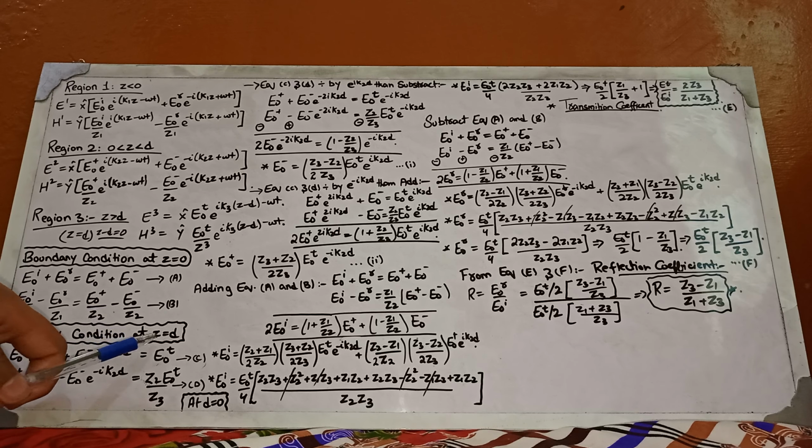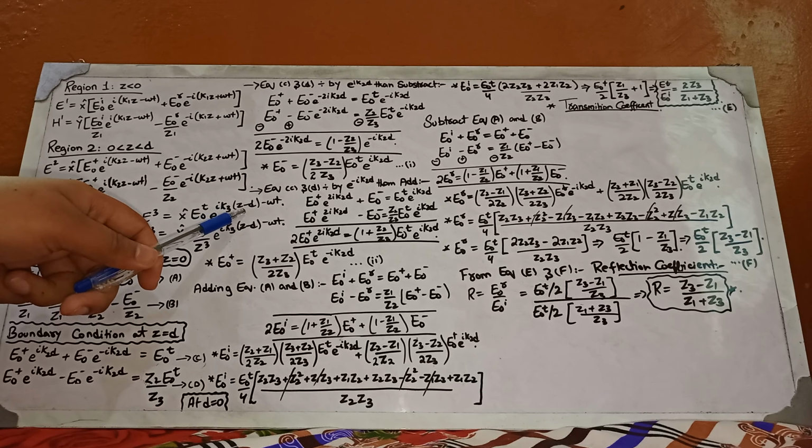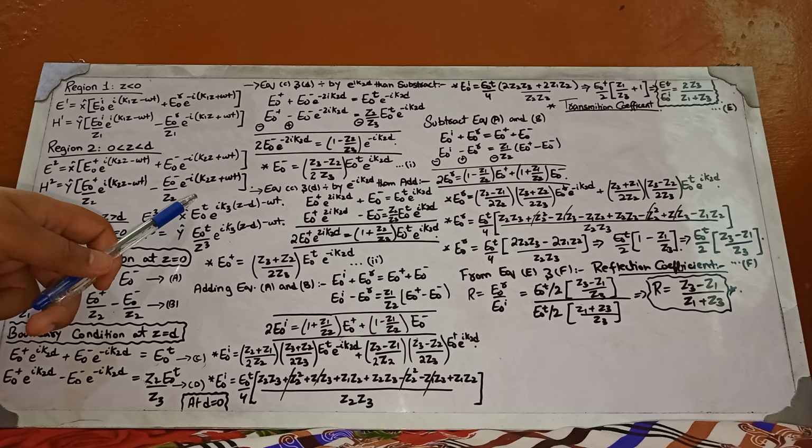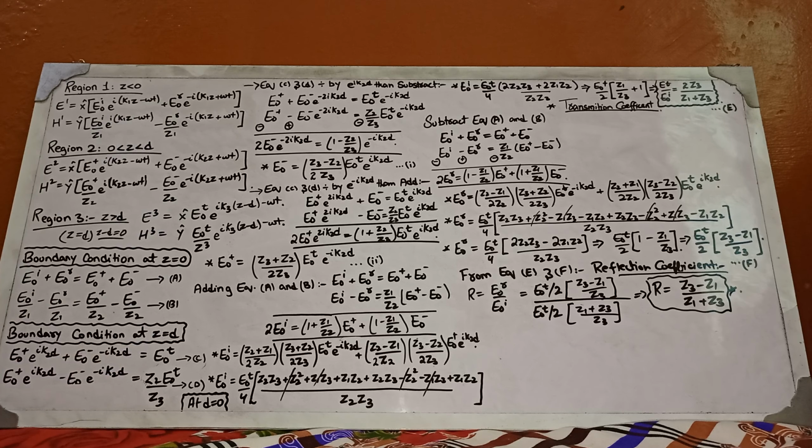Because here z equals d, it becomes d minus d, which is 0, and e^0 becomes 1, so you will only be left with E0t. This is how you apply the boundary condition z equals d in the electric field equation.